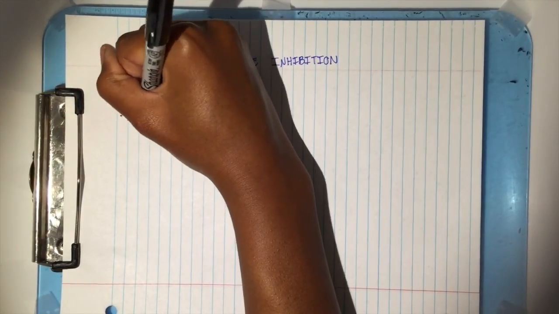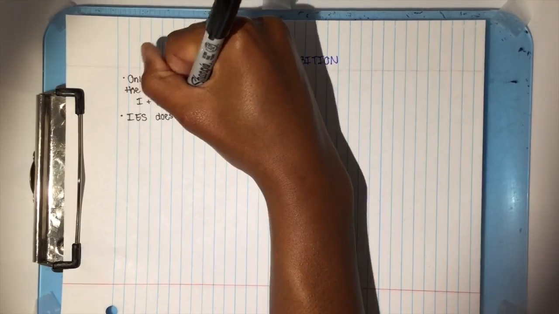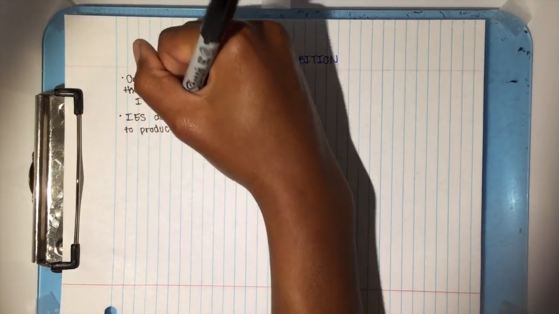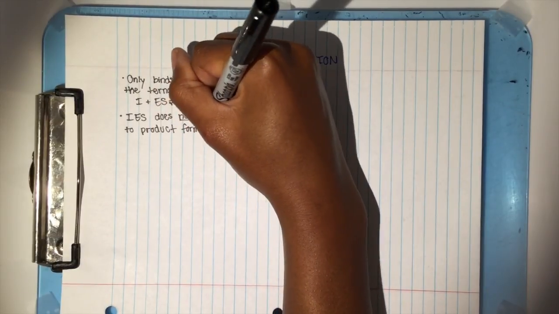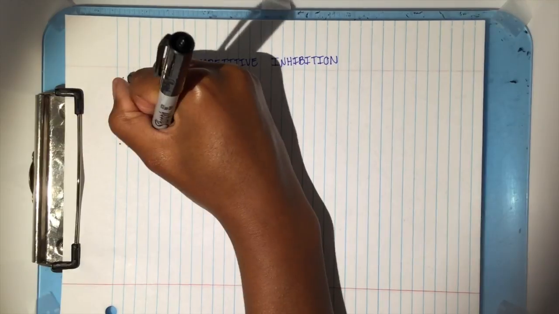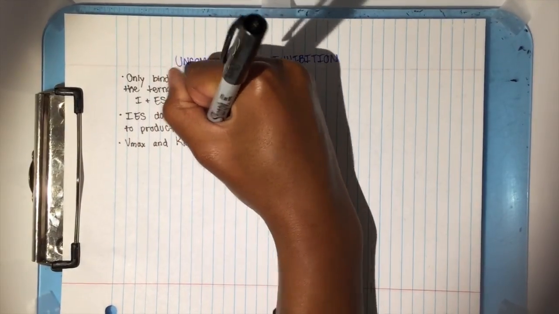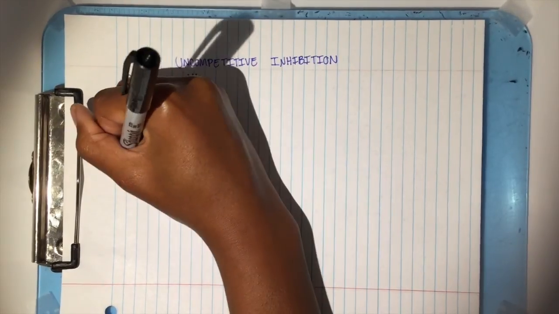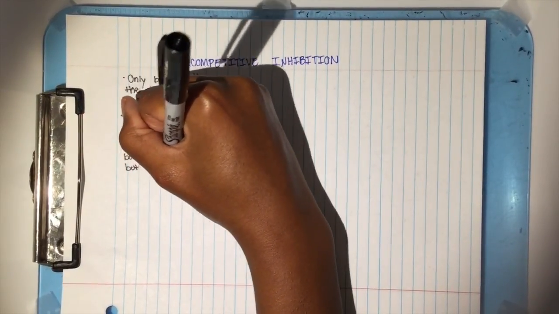In addition, the ternary complex does not lead to product formation. Finally, the inhibitor affects both Vmax and Km, but they are affected proportionally, which you will soon see.